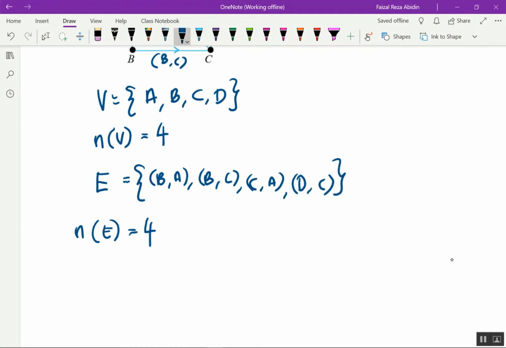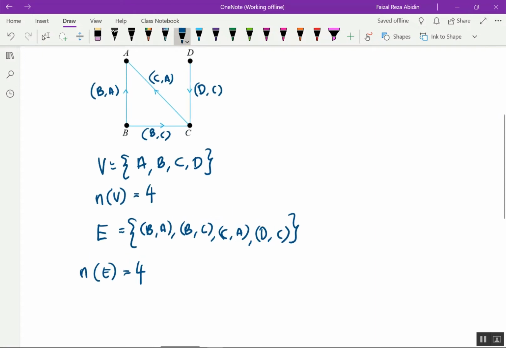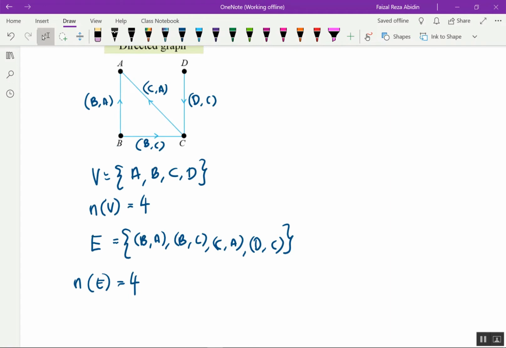For your information, we have in and out. If you look closely at vertex A, if you look at the direction here, this means in, the degree in. We name it as D in.